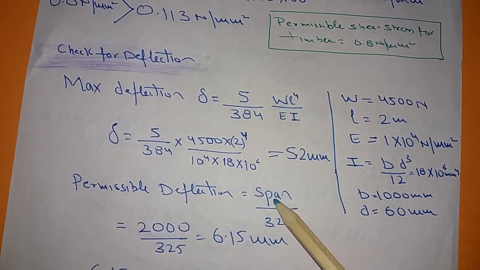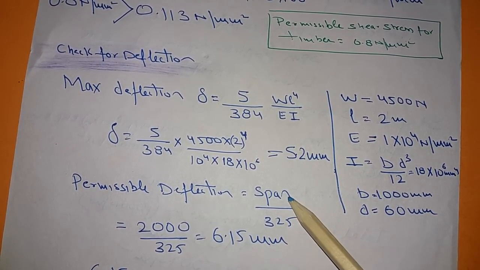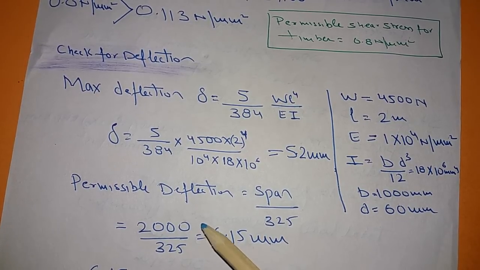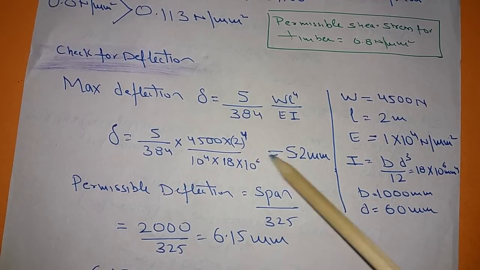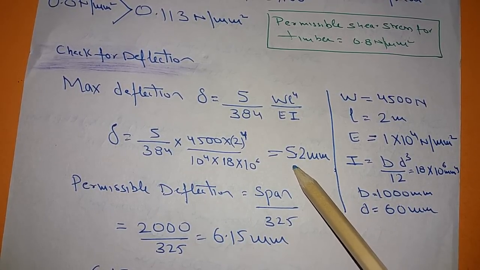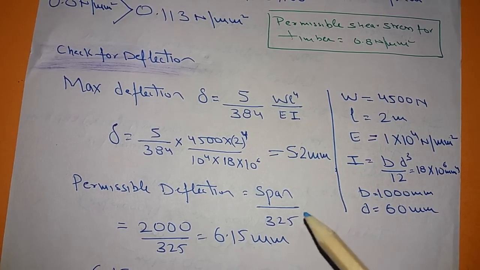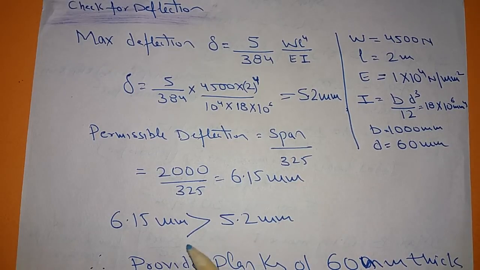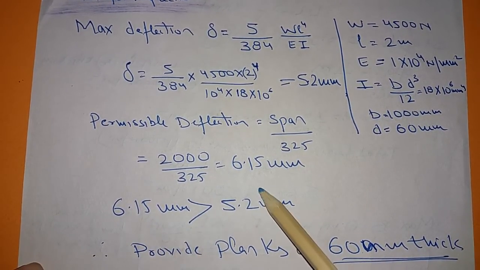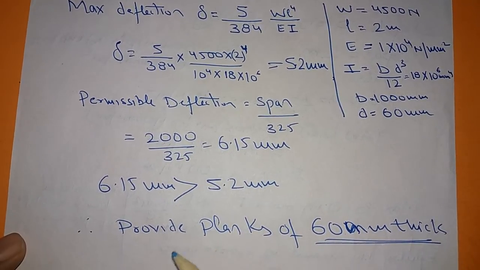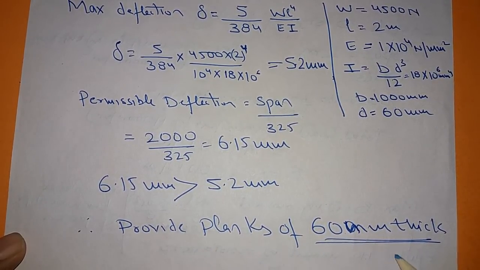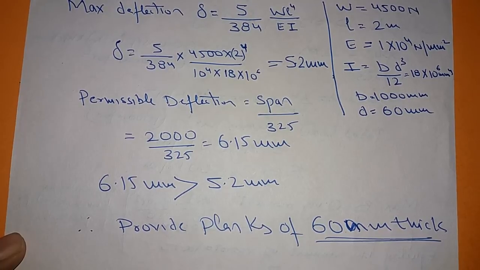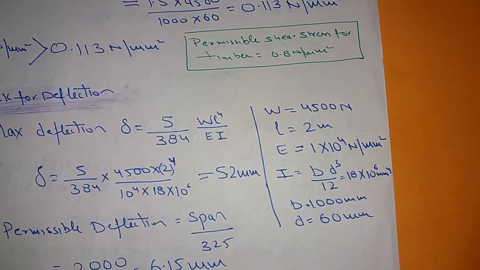Permissible deflection is span by 325, span is 2000 for the particular span of the flooring. So maximum deflection occurring is 5.2 millimeter, but permissible deflection is 6.15 millimeter. So permissible deflection is more than maximum. So it will be safe if we provide planks of 60 mm thickness in the given portion. So this is how we have to design this planking.